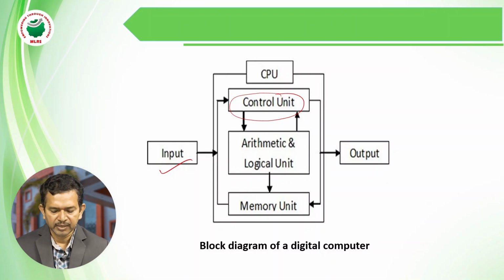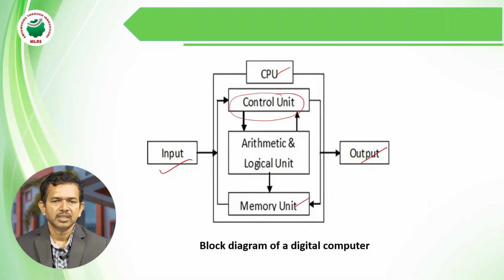We cannot say that any one of them, input unit, output unit, memory unit or CPU, is not needed. Each plays a very important role. We cannot say we can work without input or without output. All the components should be there when we are processing an instruction in a digital computer.